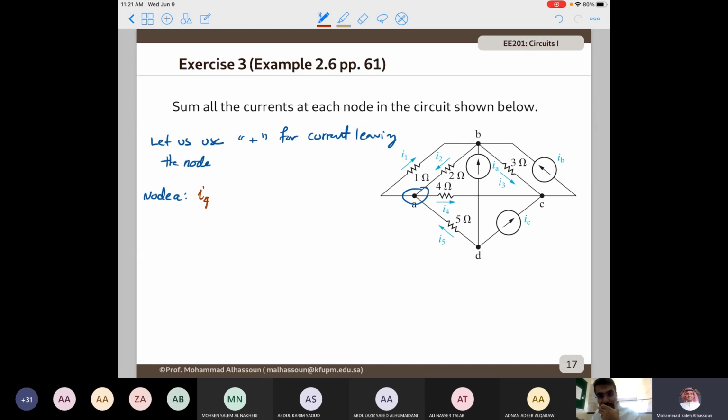What else? I1 is leaving the node, so plus I1. Minus I2 and minus I5. Minus I2, minus I5, equals to what? Equals to 0, exactly.